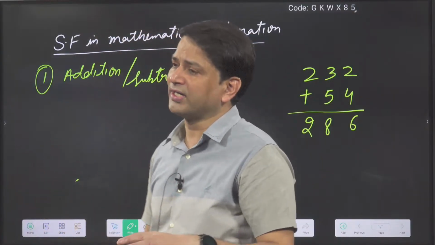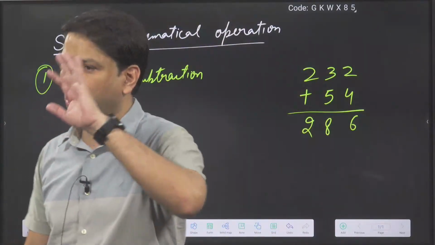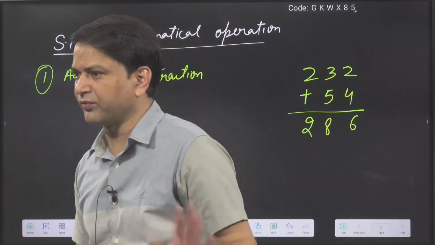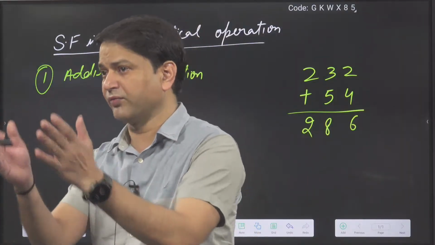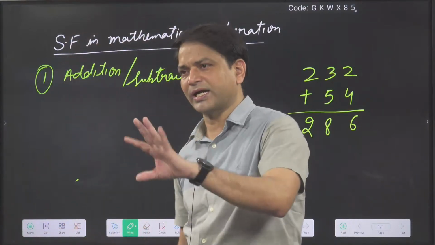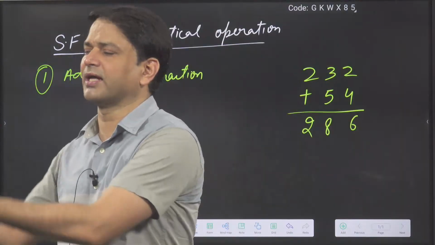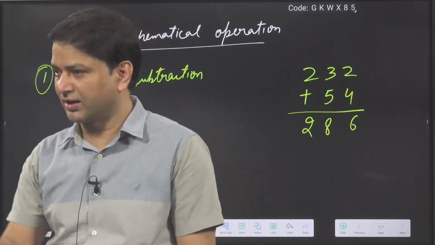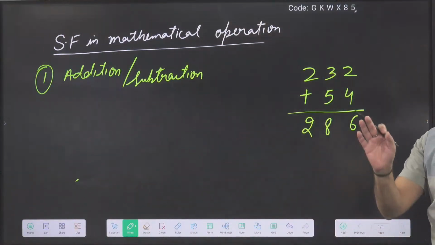No. That's why in addition, when the numbers do not contain a decimal, whatever you get is the answer with the correct significant figures. Everybody getting it? So they will never ask you to write the addition up to some significant figure. Here 286 is directly the answer with the correct significant figures.